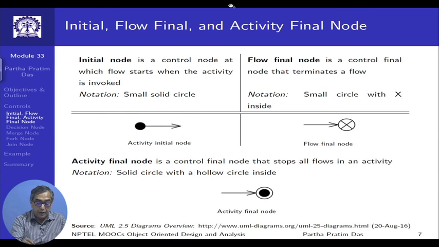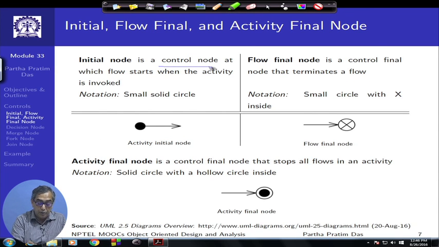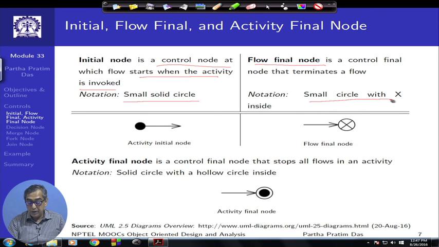If we go into depth, the initial node is a control node. Let me revert back to red. The initial node is a control node where the flow starts at this point. It is shown with a small solid circle, as we have seen. The final node is one with a small circle with a cross inside.